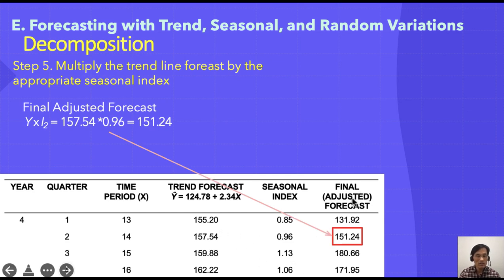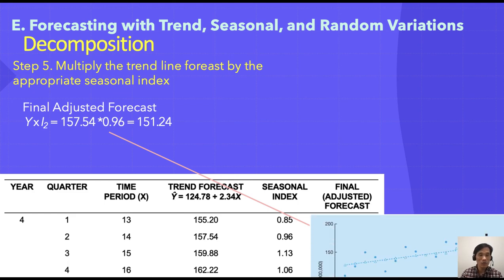So for the final forecast, because we apply the seasonal index, 155.20 times 0.85 produces 131.92, and similarly 157.54 times 0.96 gives 151.24, and so forth. And you are able to have this final adjusted forecast using that formula.